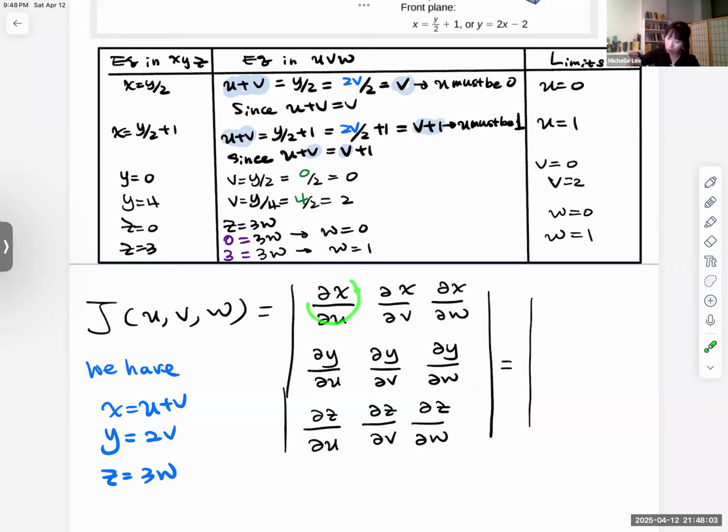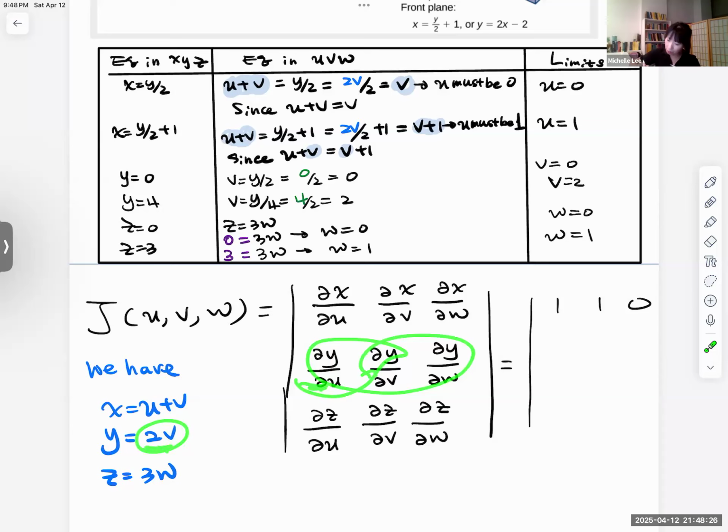All right, so we're looking at the x, partial derivative with respect to u, it's 1. What about the v? It's 1. What about the w? 0. Yeah? So 1, 1, 0. Okay, let's take a look at the y equation.